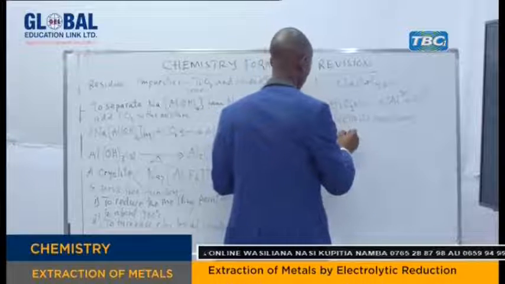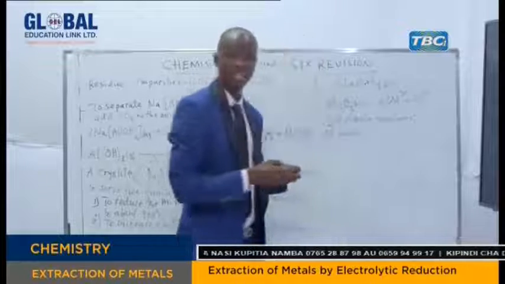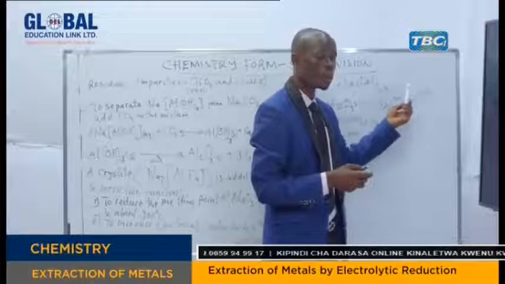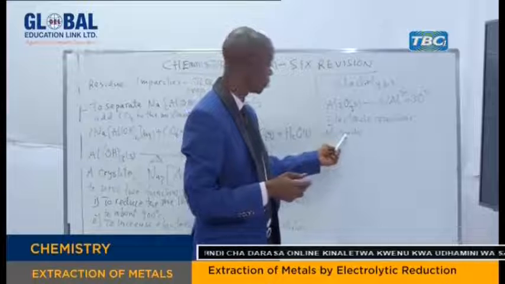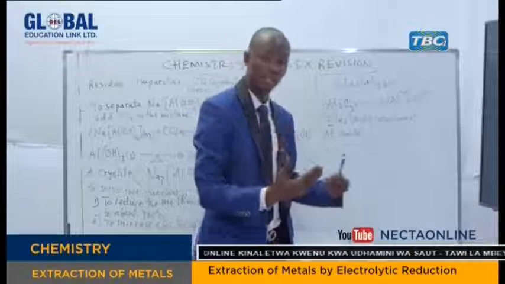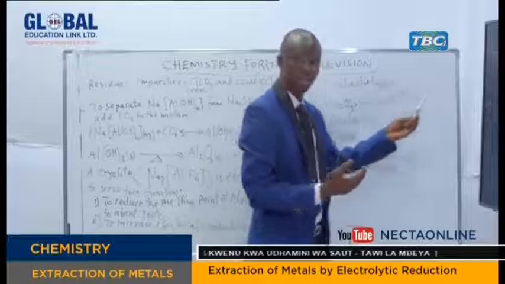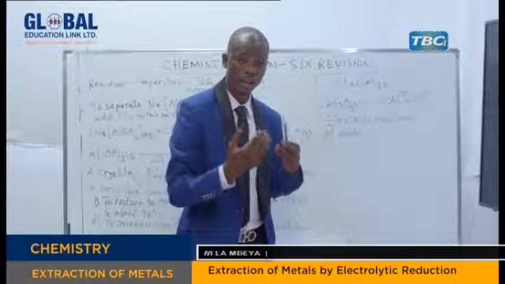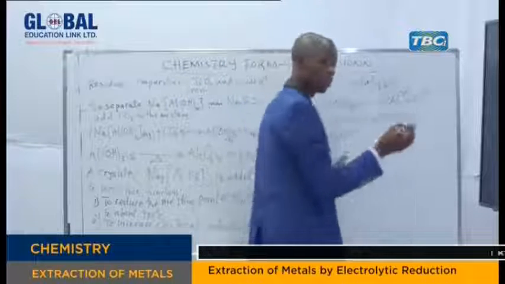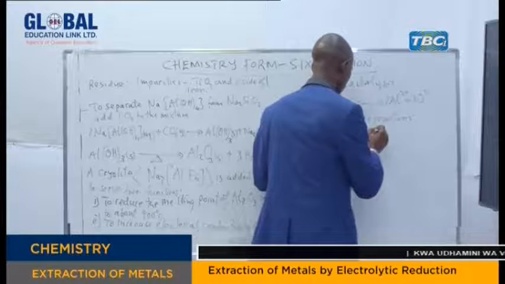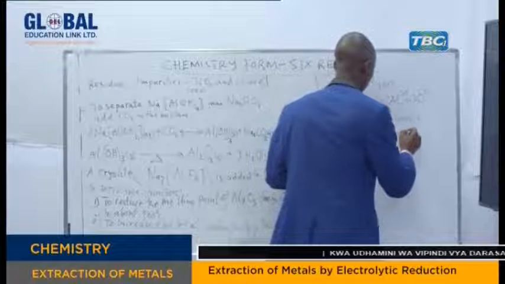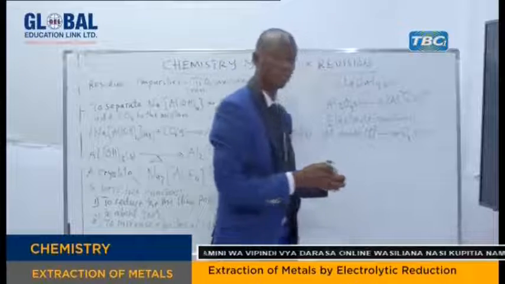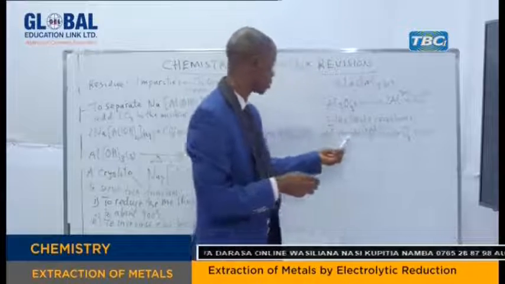We start at the anode. At the anode, this oxide ion will migrate to the anode. And when it migrates here, it will surrender these electrons and become discharged. And when it becomes discharged, it forms oxygen gas. Therefore, it will be like this. As you can see, oxygen gas is produced at the anode.